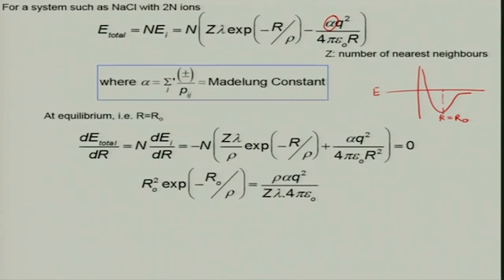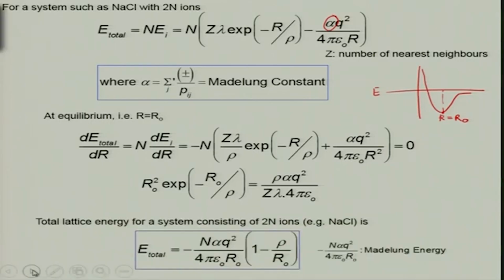So, if we differentiate it with respect to R and then make it equal to 0 at R is equal to R naught, you just differentiate the above equation dE total divided by dr, which means it becomes n into dEi divided by dr, and then you make it equal to 0, and what you get after this is, for a total lattice energy for a system consisting of 2n ions, that is n of chlorine and n of sodium, which means n molecules of sodium chloride.